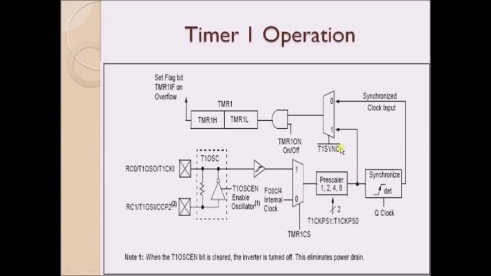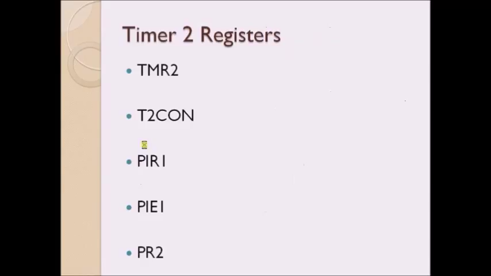If it is 0, then it gets synchronized and then that is given to this AND gate. The other input of this AND gate is the timer 1 on bit. So if you program it to 1, then the same clock will be given to this timer 1 register. If you are programming it to 0, then the output of this AND gate will always be 0. Therefore this timer 1 will not count the pulses. So this is how the timer 1 works.